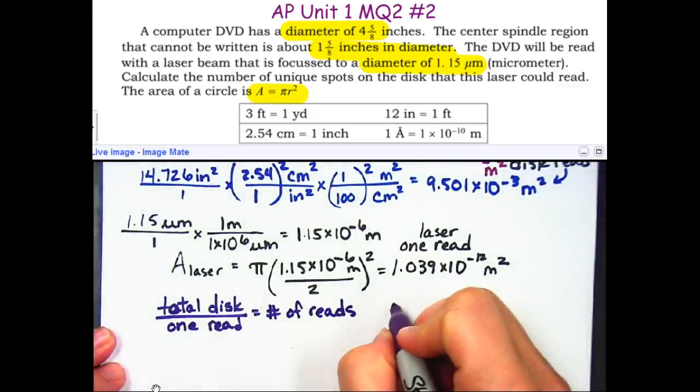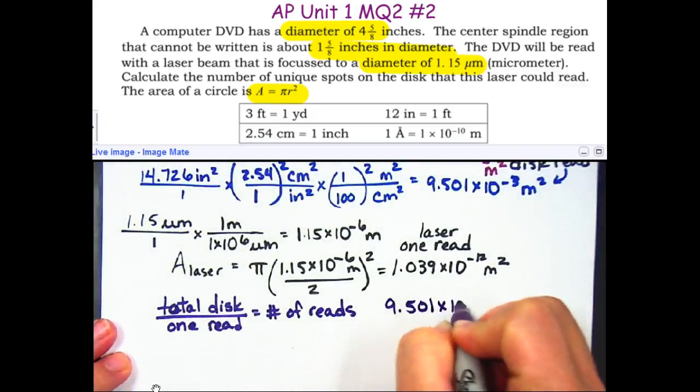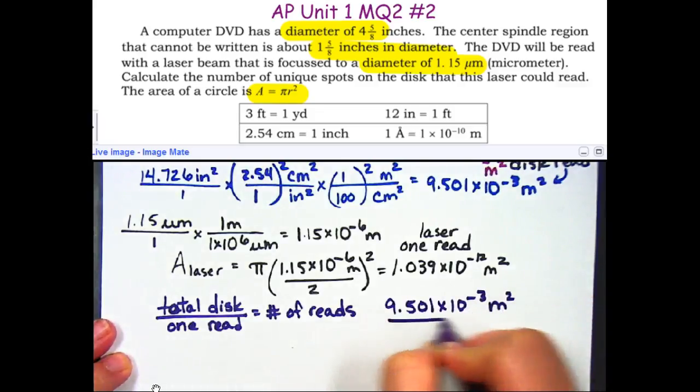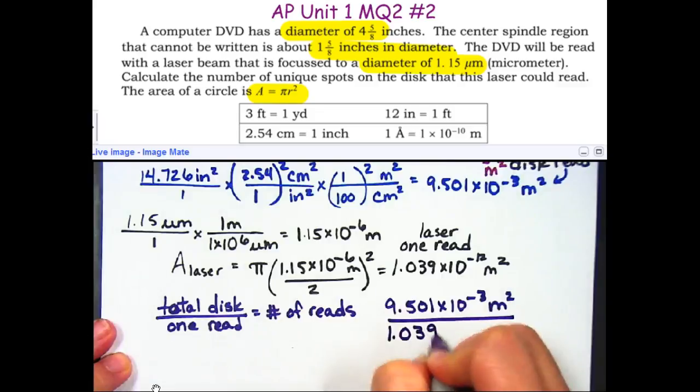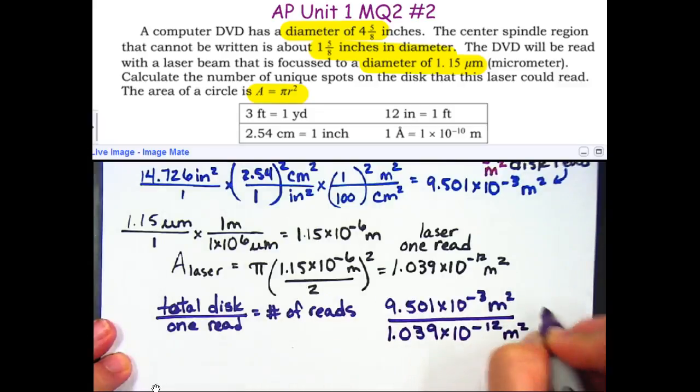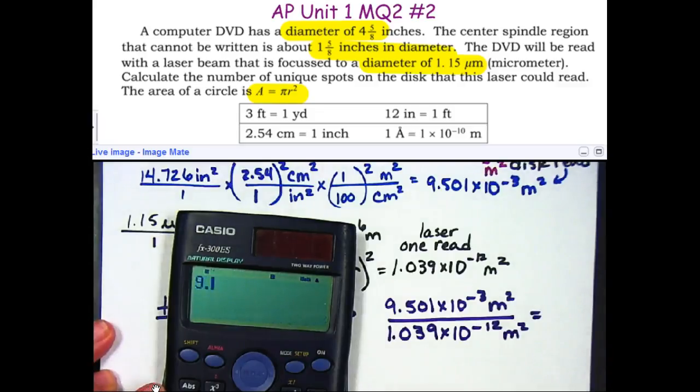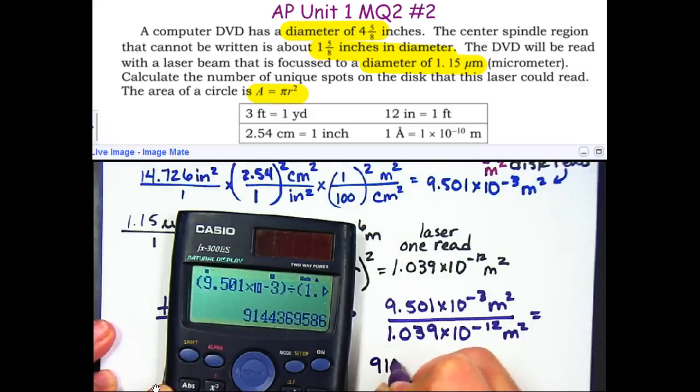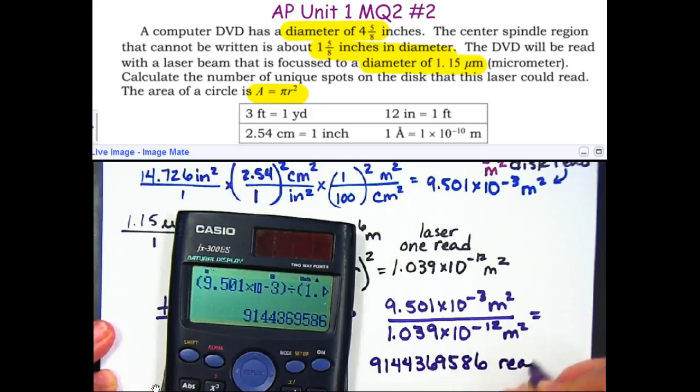So we'll take 9.501 times 10 to the negative 3 meters squared, and divide that by 1.039 times 10 to the negative 12 meters squared. Okay, it gives us a very large number, 9144369586, and that's the number of reads.